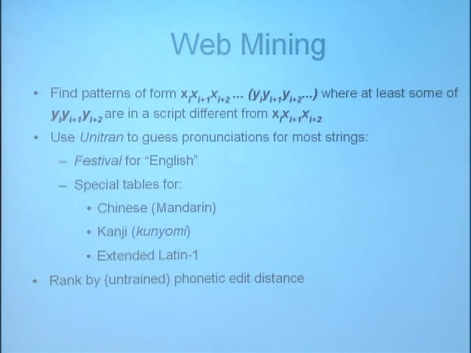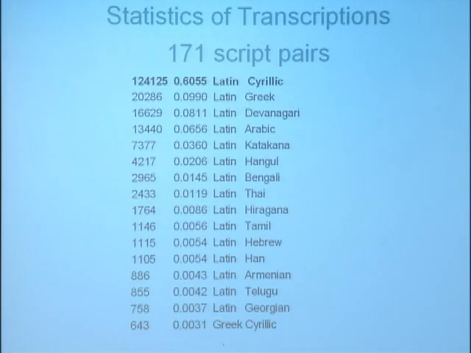So if I were to do this, for example, for Kannada, an Indian language, you would find that for the most part, if you guessed on the basis of the spelling, you do pretty well. And then we had some special tables for some other languages, Chinese, and for Japanese uses of kanji and so forth, and then we simply ranked by the untrained phonetic distance that I measured earlier.